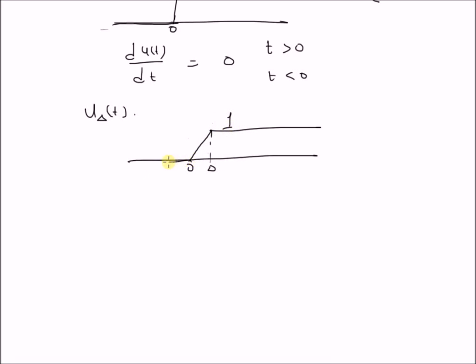And for t less than 0, it is 0. So this is the time axis and this is u delta of t. We can easily see that the unit step signal is basically a limit of this approximation. That is, as delta becomes 0, this approximation becomes the unit step signal, because as delta approaches 0, this continuous signal basically becomes a discontinuity.